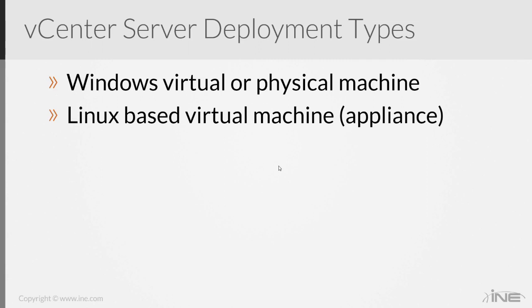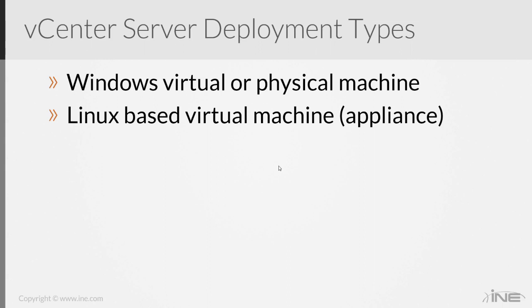We did mention a bit earlier in one of the slides that there are two methods of deploying a vCenter Server. You have your Windows-based, which you could do either as a virtual or on a physical machine, and then you have your Linux-based appliance.